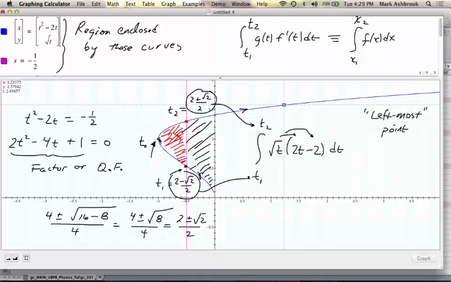Yeah, because for a small change in t, how much does x change? Zero, vertically, right? So there's only vertical change right there. There's no horizontal change. So the leftmost point is where dx/dt is equal to 0, or 2t minus 2 equals 0, or t equals 1.